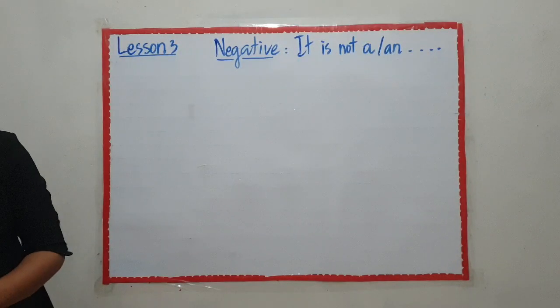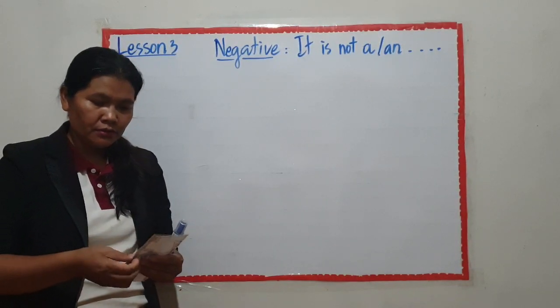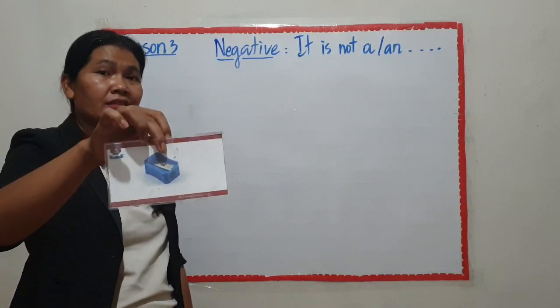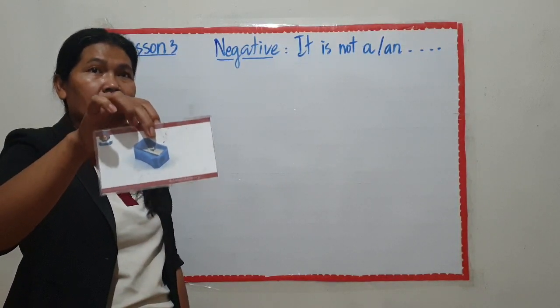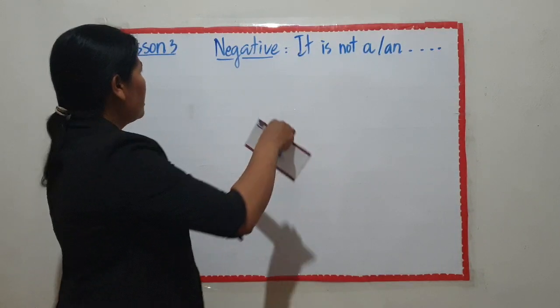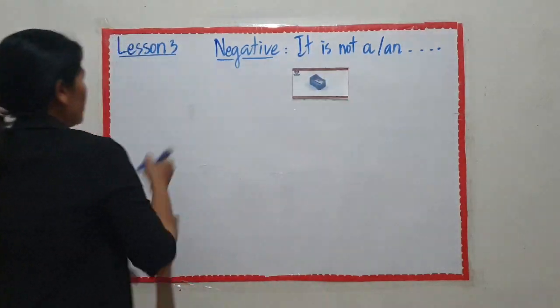A1, teacher would like to show you this one. What is it? Yeah, it is a sharpener. So, can we make this one into a negative?